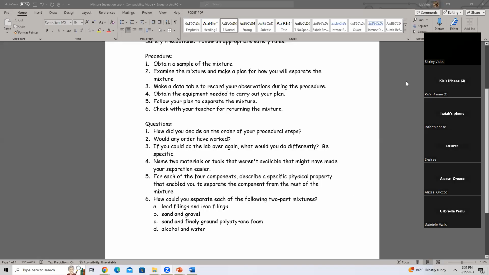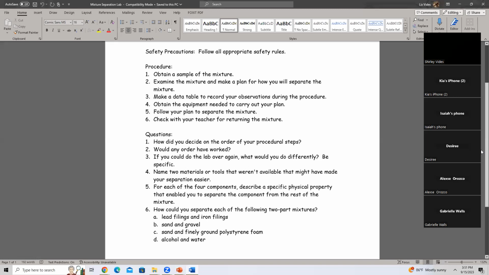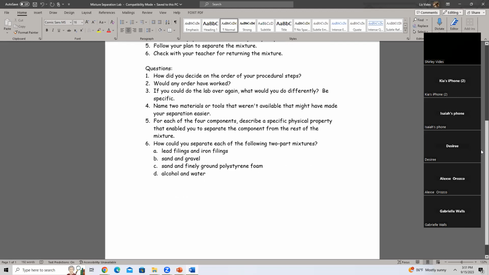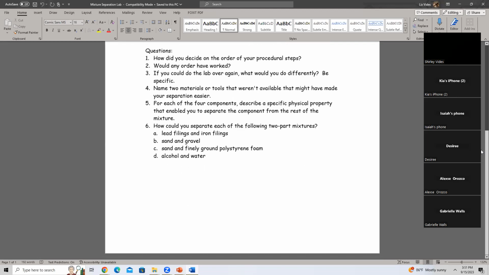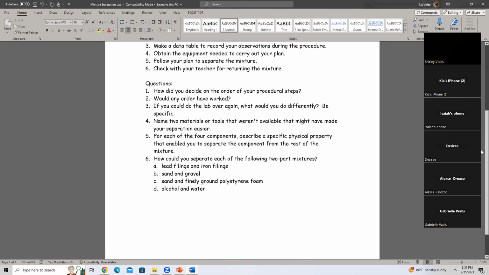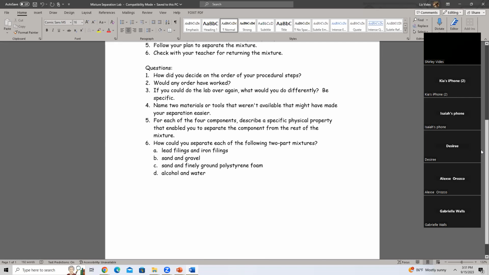And here's what you would be doing. See how it's telling you the purpose is to carry out a separation of a mixture. And the mixture that you have is not here. I thought I did have the mixture, but I don't have it.